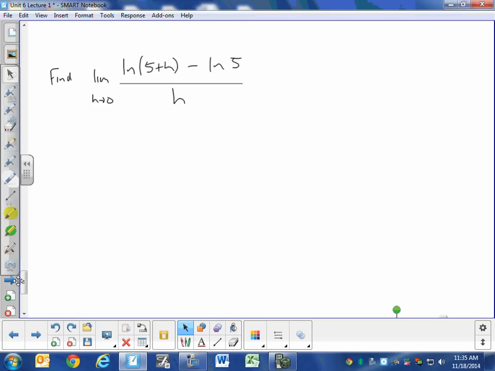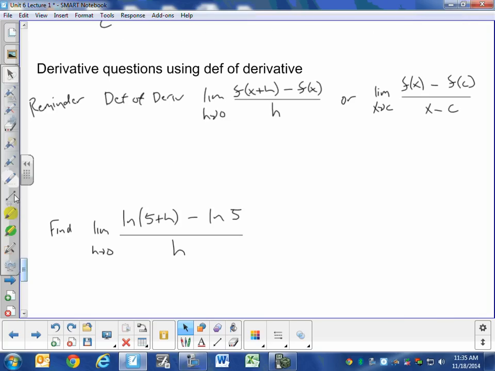From when did we see this? It was Unit 2, and what was it that this was familiar to? We got 0 over 0 a lot when we tried this and we plugged it in. But that's not it. This should look like the definition of a derivative.